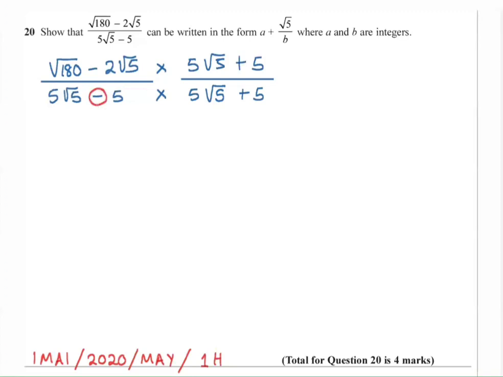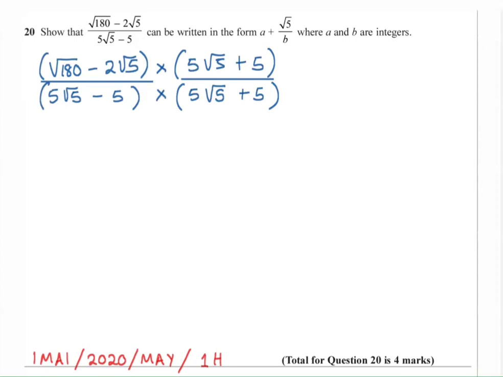Now I'm going to insert brackets right here to allow for expansion. Now keep in mind when you're multiplying fractions, the numerator multiplies with the numerator, the denominator with the denominator. It's as simple as that.